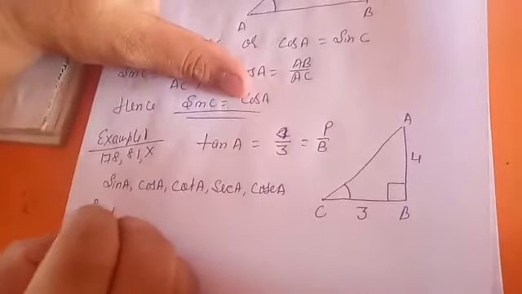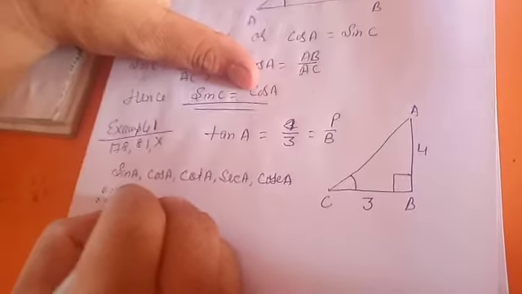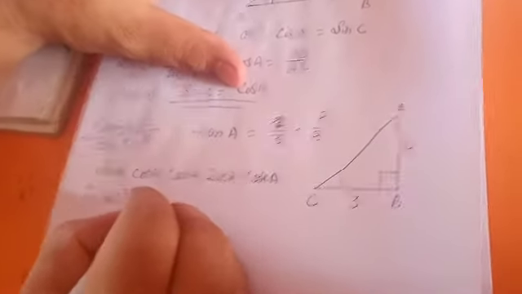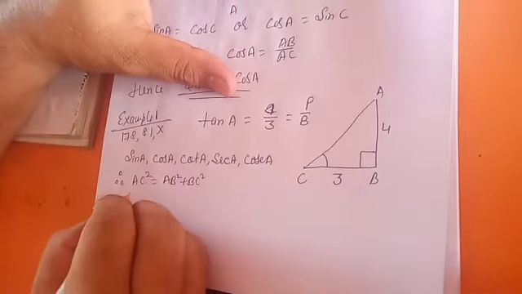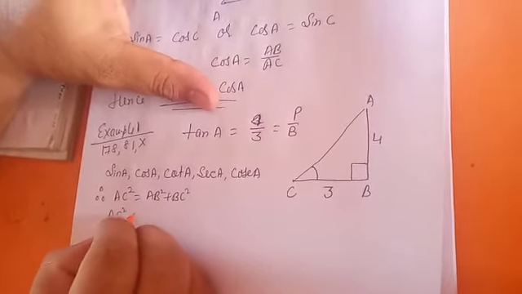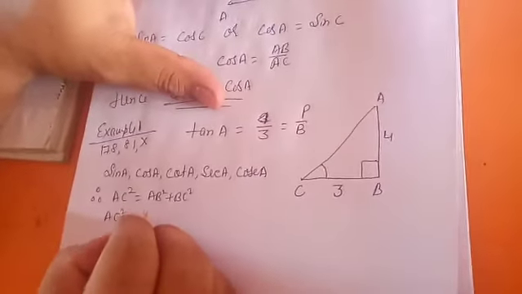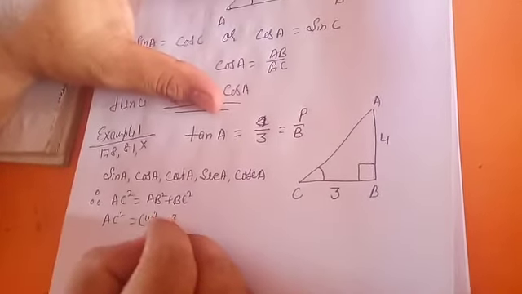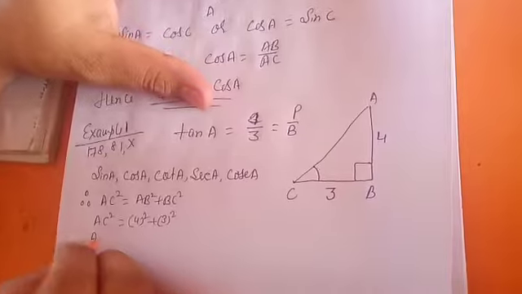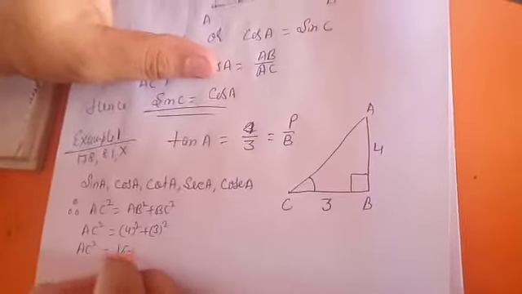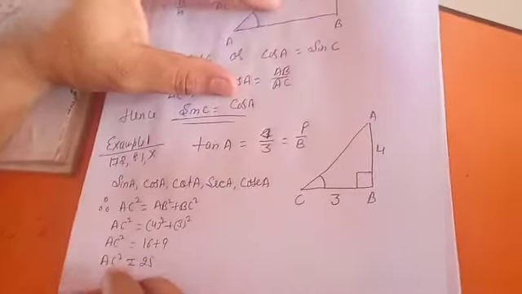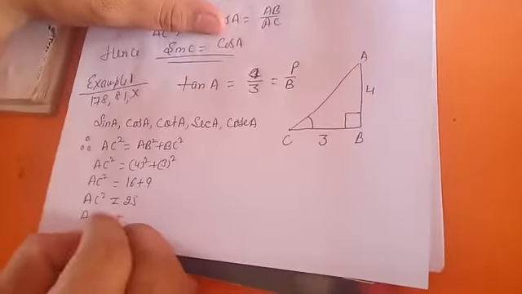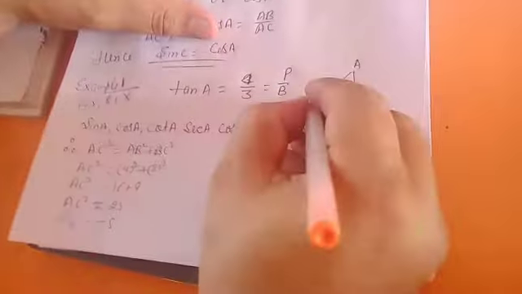Therefore, by Pythagoras theorem, AC square is equal to AB square plus BC square. AC square is equal to 4 square plus 3 square, which is 16 plus 9, so AC square is equal to 25. AC equal to plus minus 5, but length is always positive. This is 5.